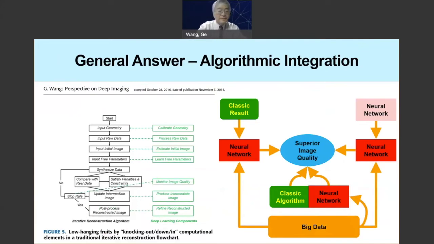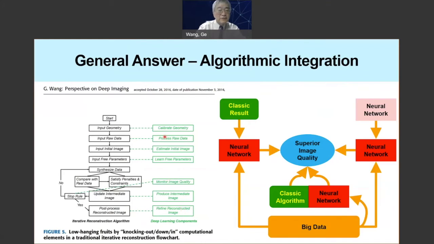In this figure, we should combine conventional iterative reconstruction algorithms with a deep learning component, or deep neural network, in different ways. So we do not say we do a deep neural network. We just use a feed-forward neural network to do imaging tasks.